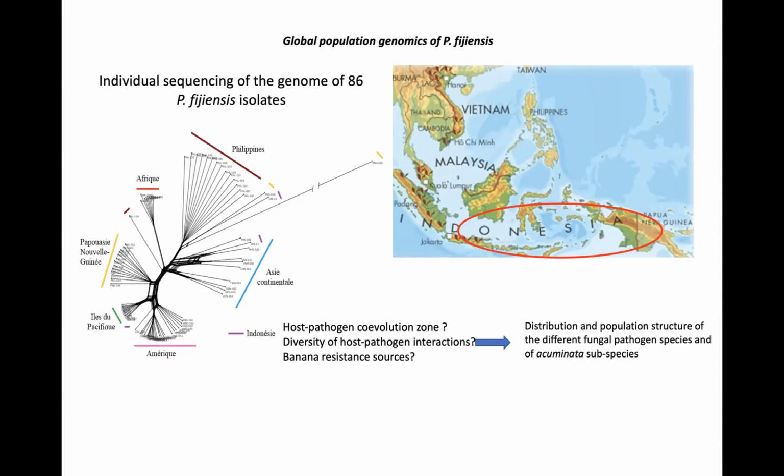And the first steps could be to describe the distribution and the population structure of the different fungal species, not only Figensis, but the two others, because they are also present in these regions, in parallel with a diversity study of Acuminata subspecies. And so we are interested in developing such a collaboration with Indonesian researchers.